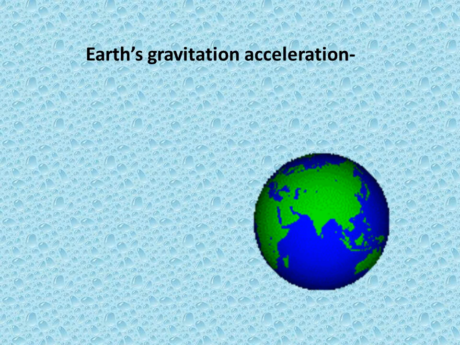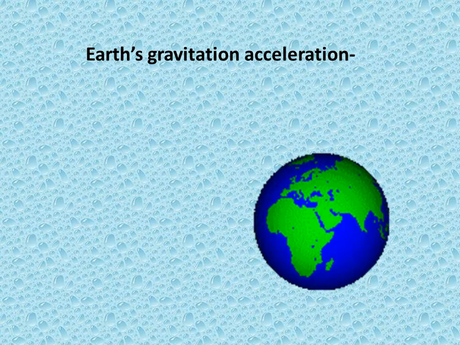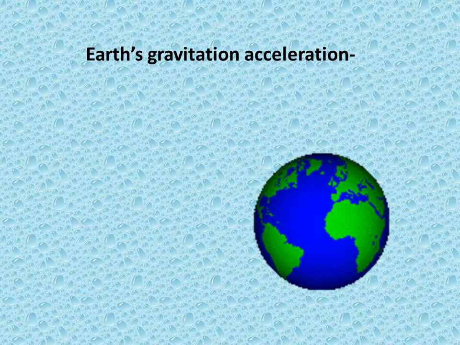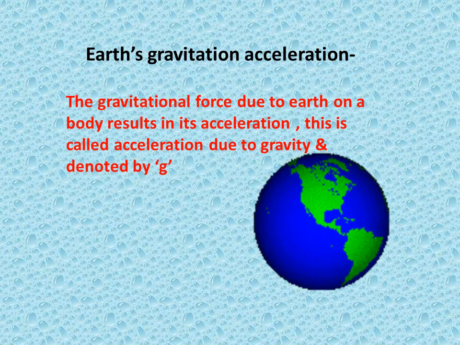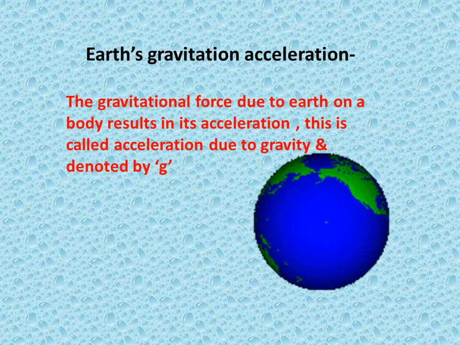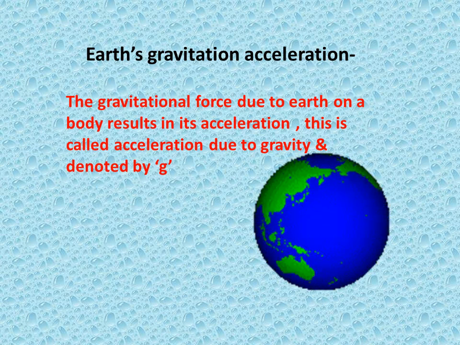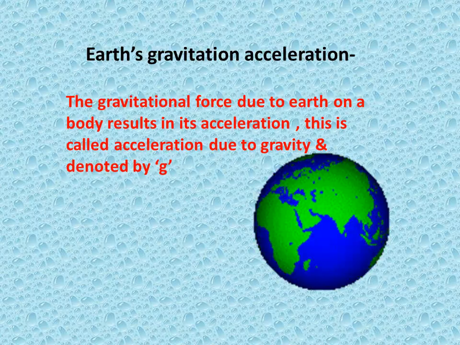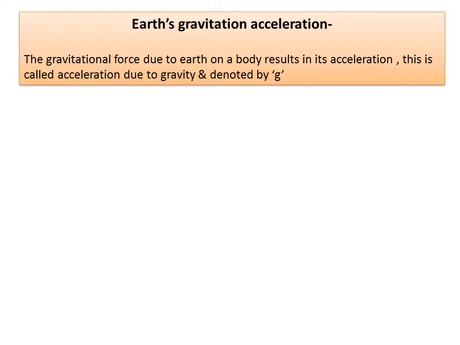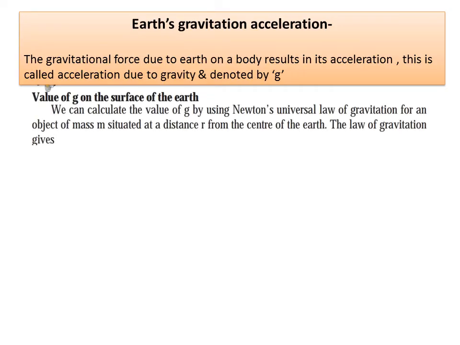Now we will move on to Earth's gravitational acceleration. The gravitational force due to Earth on a body results in its acceleration. This is called acceleration due to gravity and is denoted by g. Now we will see the value of g on the surface of the earth.